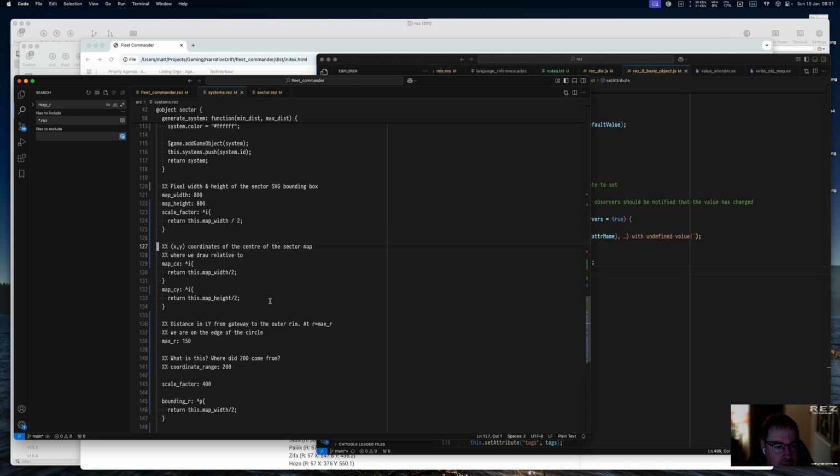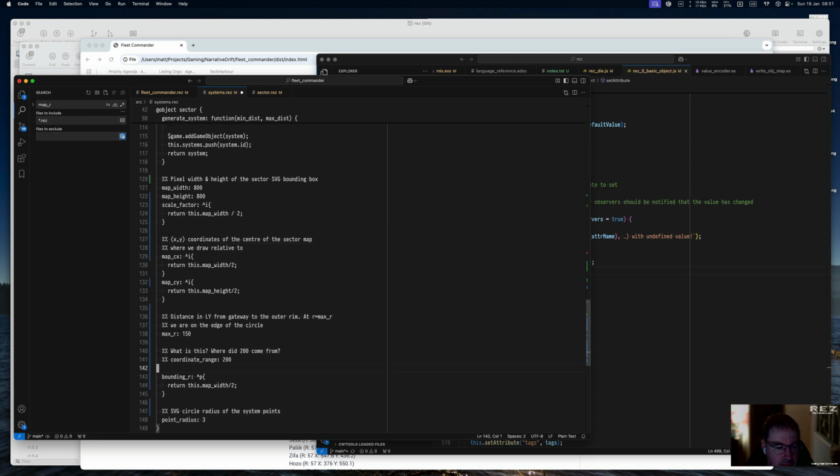We've got a scale factor of 400, so we can lose that. This coordinate range thing ceases to be a thing. Bounding R is here. No, we'll put it here.